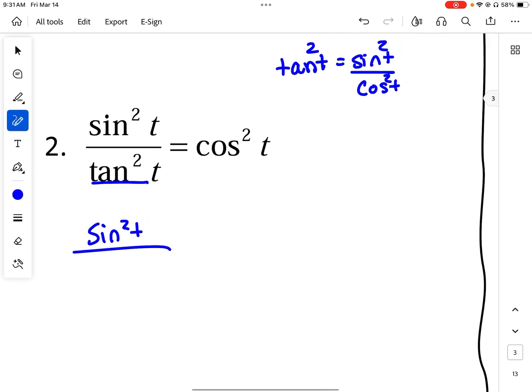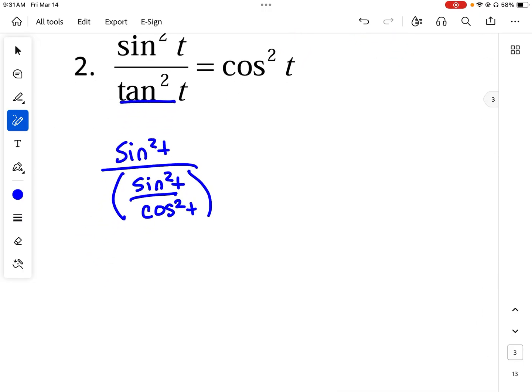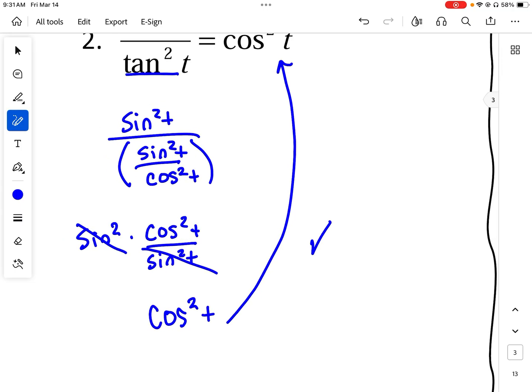So I have the sine squared t over, I'm going to put this in parentheses, sine squared t over cosine squared t. And I know I keep change flip. Okay, and then these cancel each other out. So that leaves me with cosine squared t, which is what I want.